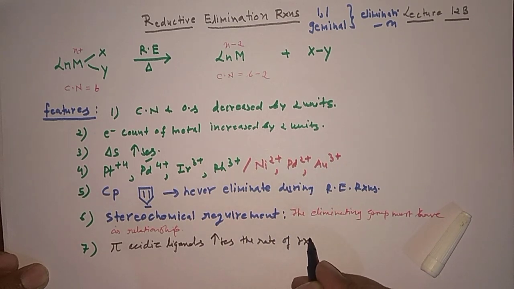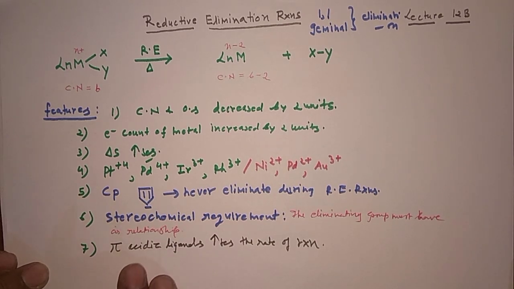Okay, in case of the oxidative addition reaction, if you remember, pi acidic ligands actually decrease the rate of the oxidative addition reaction, but in this case they will increase the rate of the reductive elimination reaction. This is something very, very important.